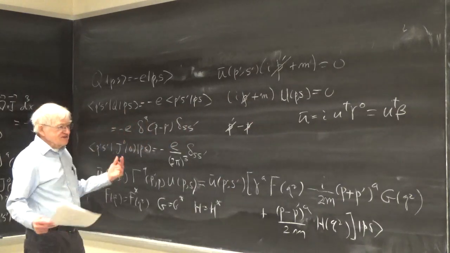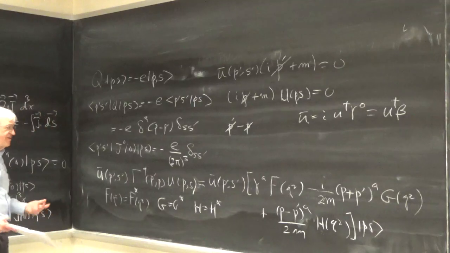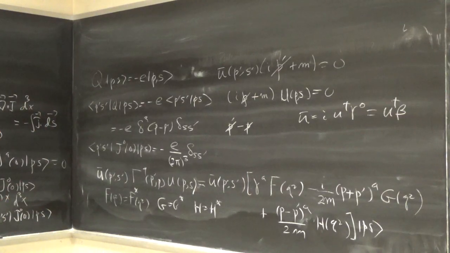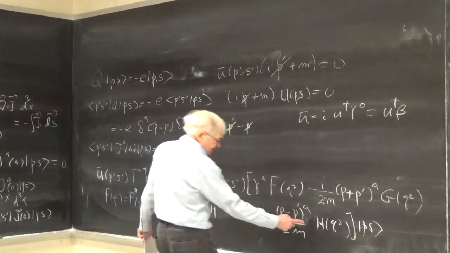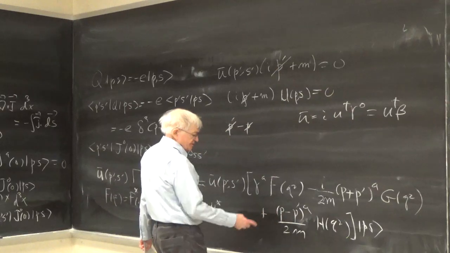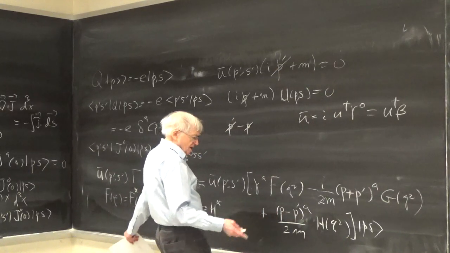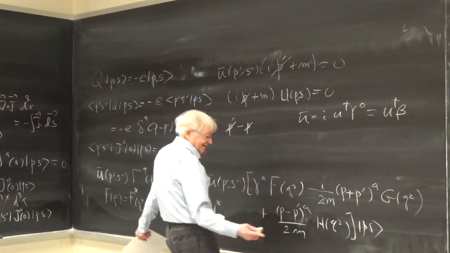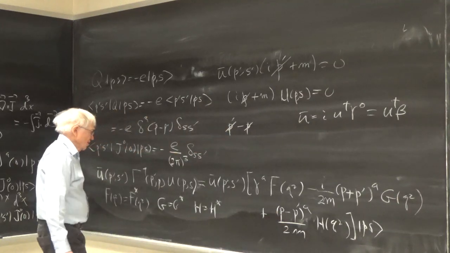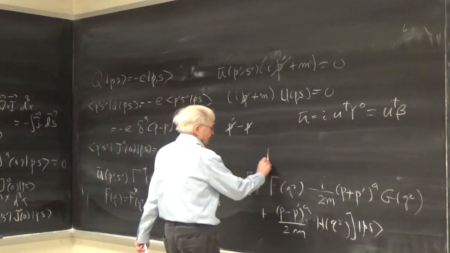If you don't have the gamma 0 there, there are funny signs that are confusing. On the other hand, this last term doesn't satisfy current conservation, because when you dot it in with p minus p′, what you get is just q squared, and q squared isn't 0. So what you find is that h is 0.